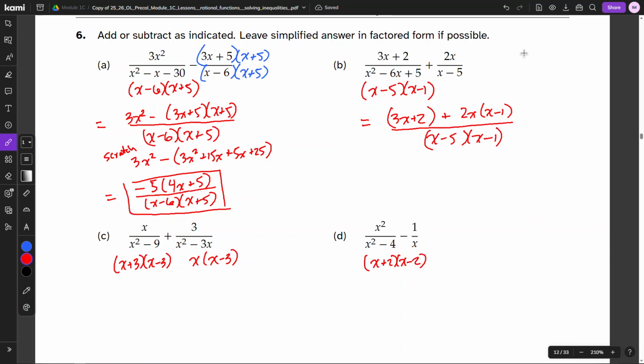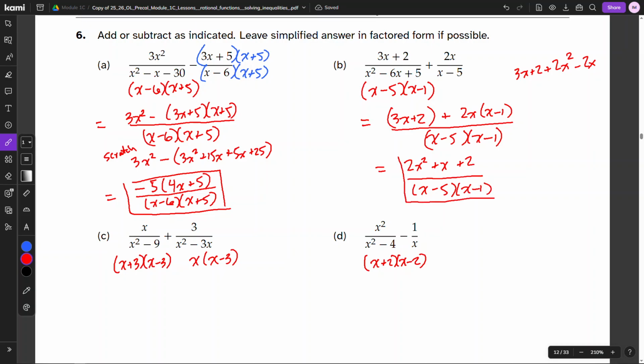And now multiply. I have 3x plus 2, just doing scratch work, 2x squared minus 2x. So that's going to be 2x squared, and 3x and minus 2x plus x plus 2, all over x minus 5, x minus 1.